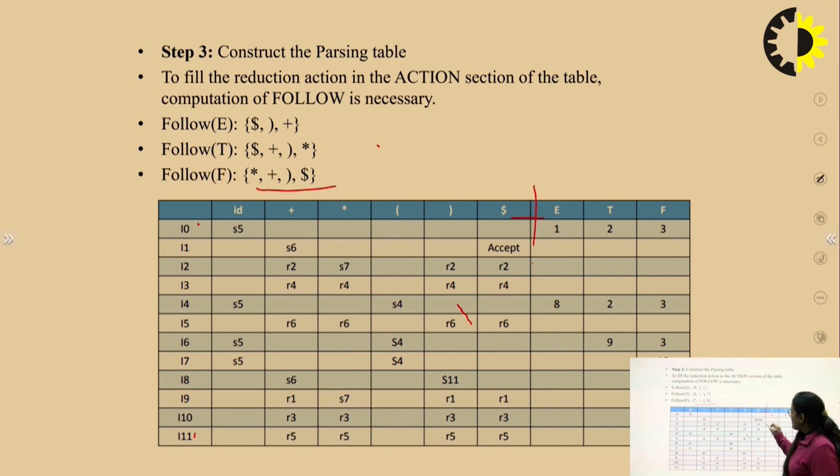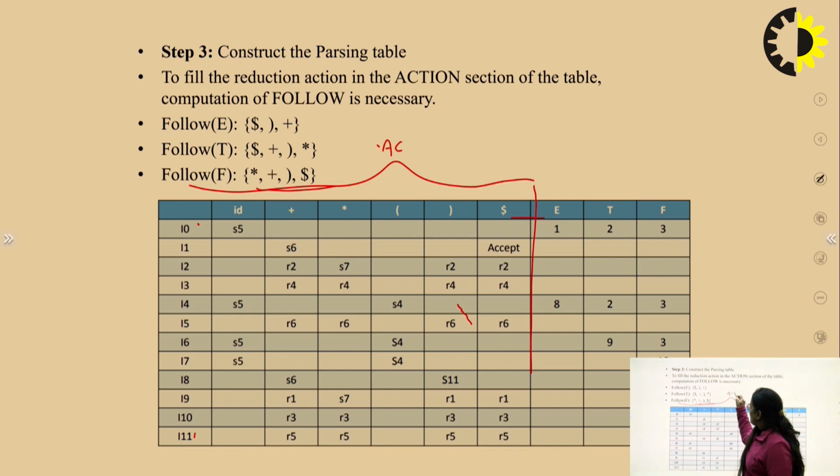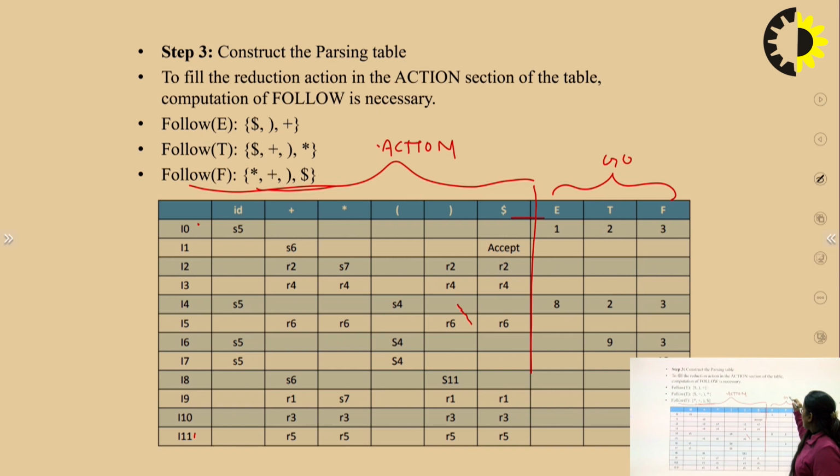This part is the action table, and this is the go-to table. Go-to contains non-terminals, and action will contain all terminals.